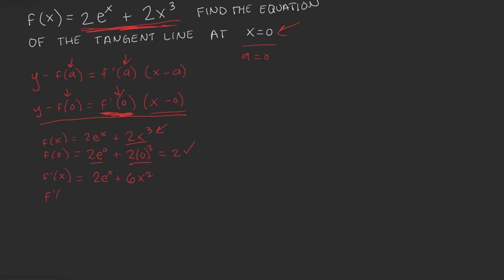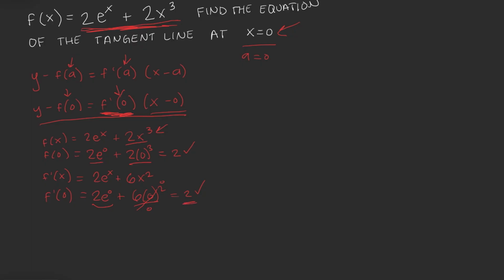So let's just plug in a 0. So that would be 2e to the power of 0 plus 6(0) squared equals. Okay, so this again would just go to 0. And then this right here, e to the power of 0 is just 1 times the 2 equals 2.